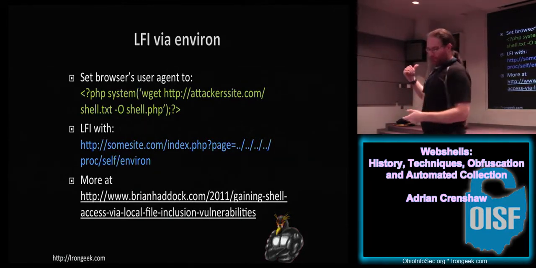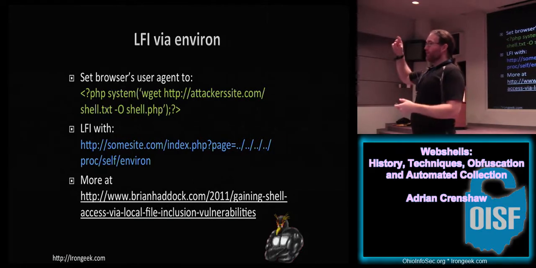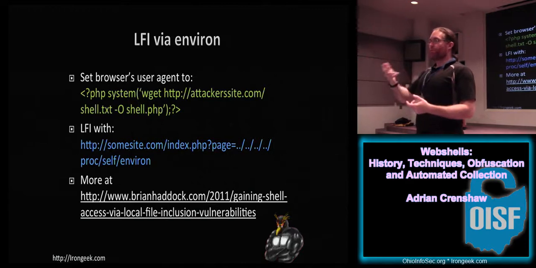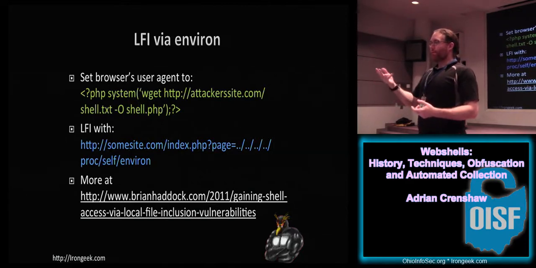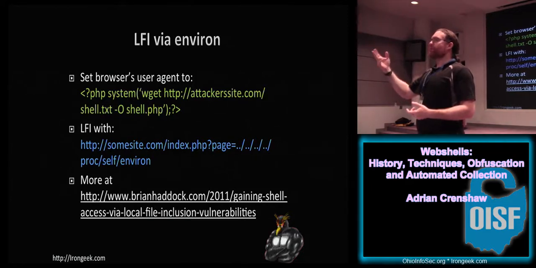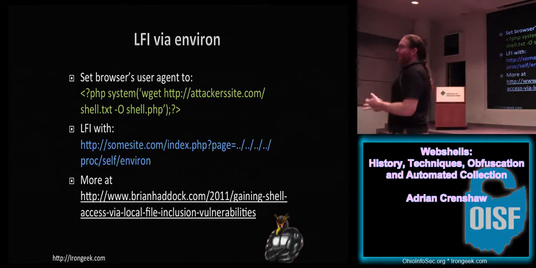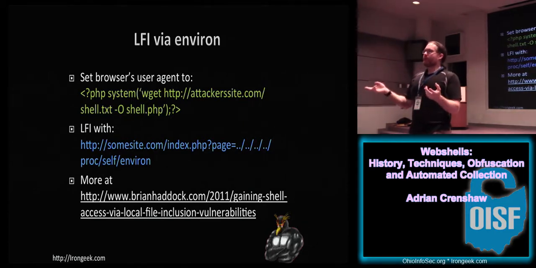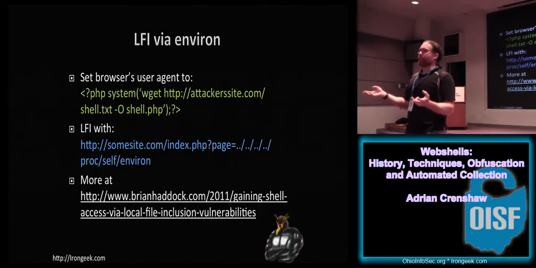Also, sometimes you'll see, instead of just self-environ, a %00 on the end. That's null termination. One of the things I do on my site is everything automatically has .html tagged to the end of it, so that people can't arbitrarily choose files. Well, what people started to do, who's here familiar with a null terminator?